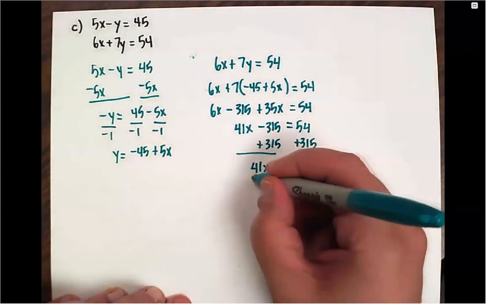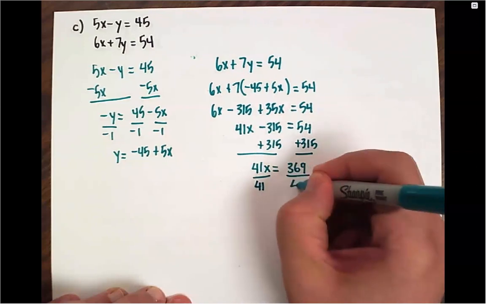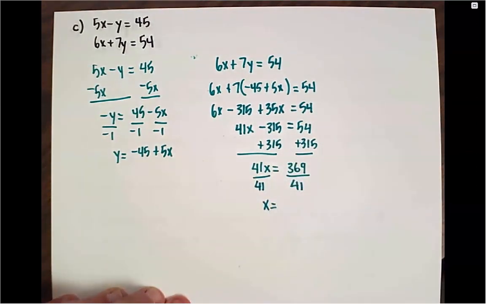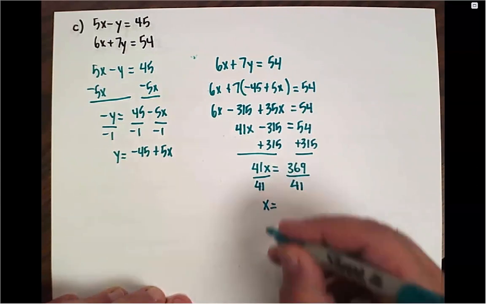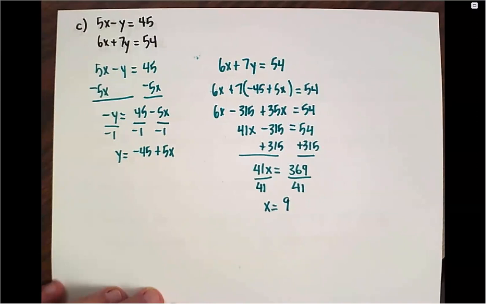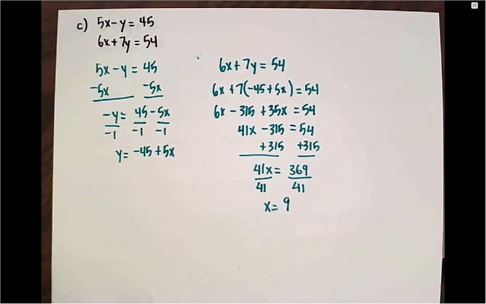And if I divide both sides by 41, what's x? Well, 4 goes into 36 9 times, and 1 goes into 9 times, so it must be 9. Again, this is why you have a calculator, to do the arithmetic. And so if x is 9, what's y?